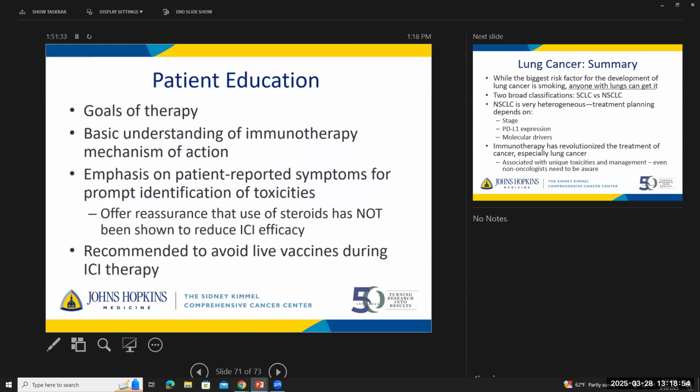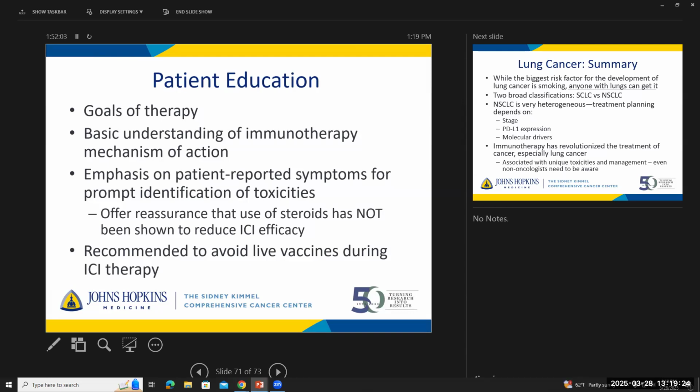All right, so to summarize things, what are the key take-home points when it comes to immunotherapy and patient education? One, it's important to tell the patient what the goal of therapy is, right? Our goal is to improve the quality of life and extend the quantity of life, okay? You want your patient to have a basic understanding of immunotherapy and how it works so they can understand why they might be experiencing these immune-related side effects.